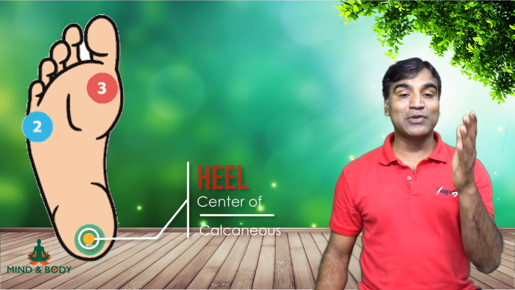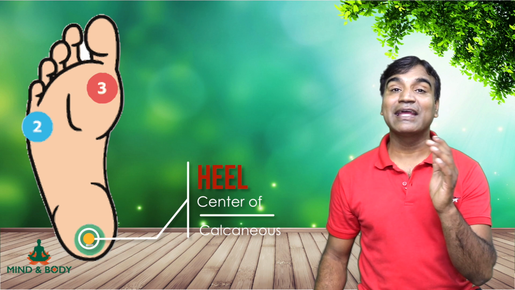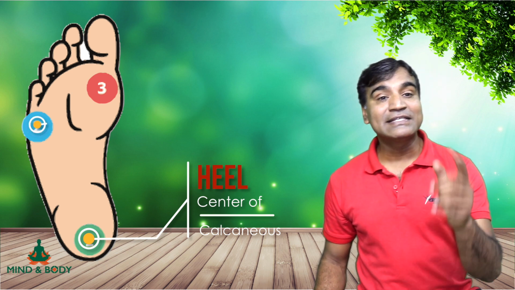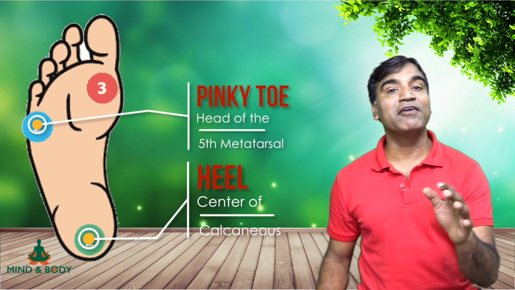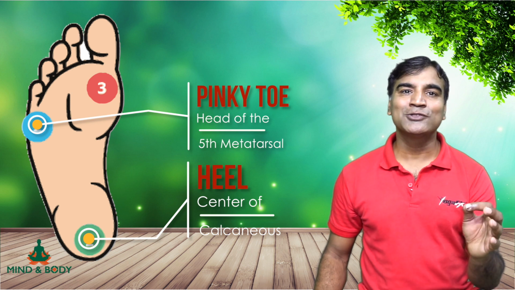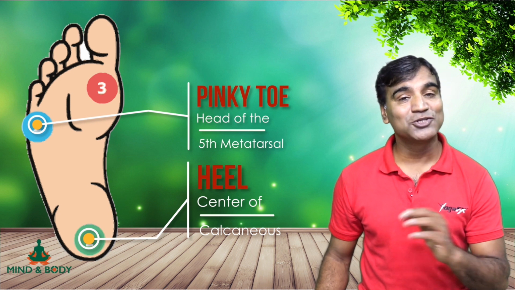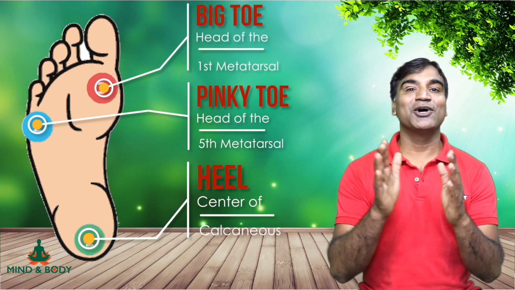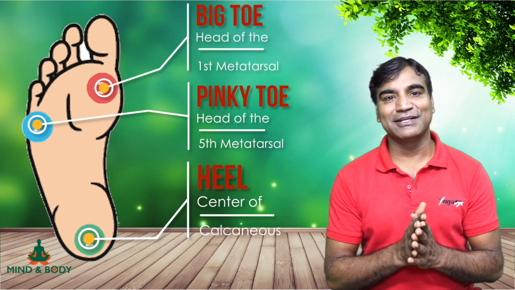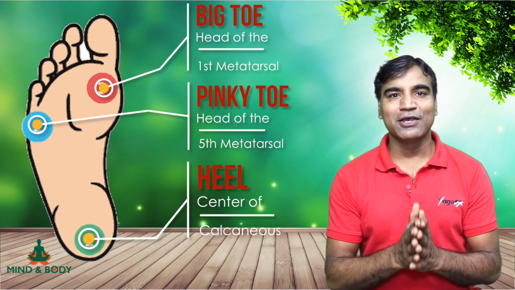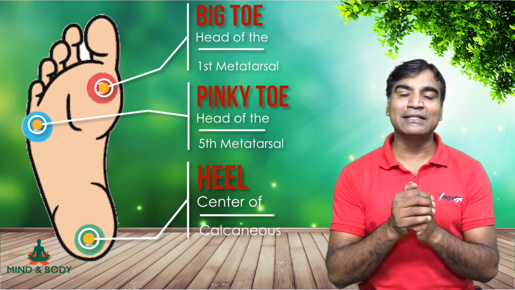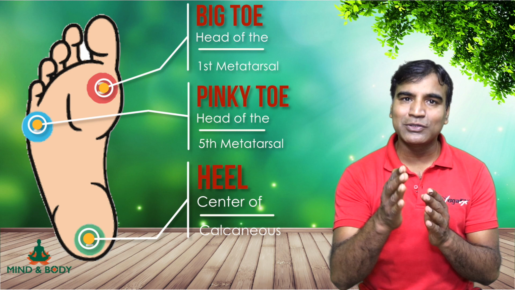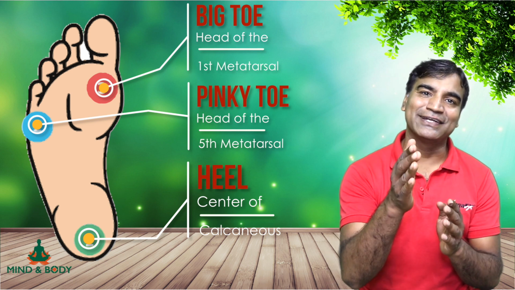The first point is your heel, also known as the center of your calcaneus. The second is the head of the fifth metatarsal, that is, your pinky toe. And the third is the head of the first metatarsal, that is the big toe. So these are the 3 points, and according to that even your arches are connected.